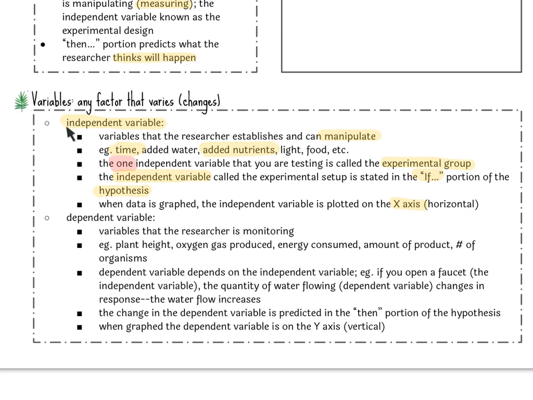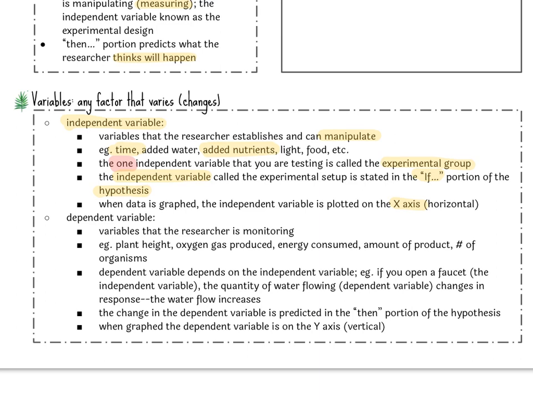So if I am changing anything in the experiment, it is going to be the independent variable. Hopefully that helps you remember it. If not, you figure out your own way, okay? So that's the independent variable, the one that I am manipulating or changing, okay?